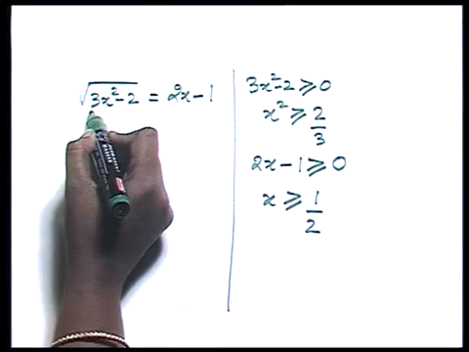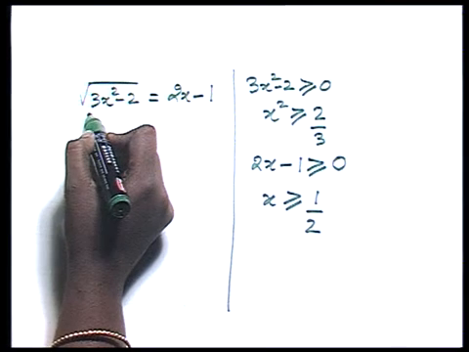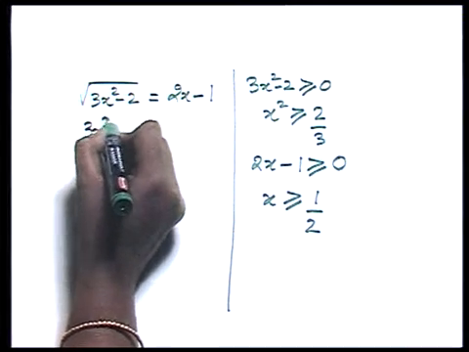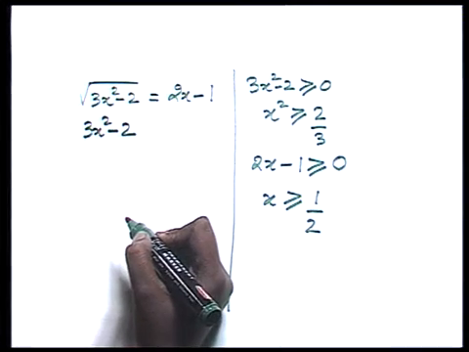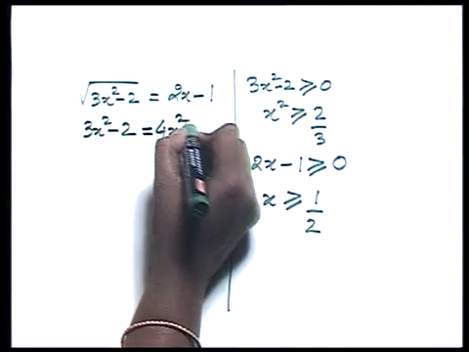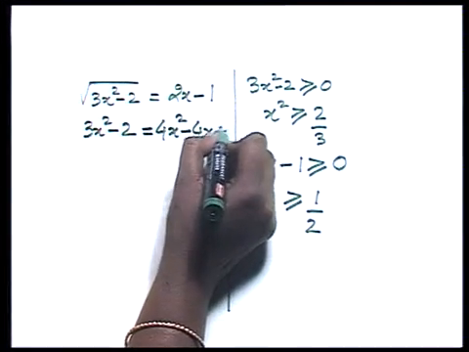Now how do we remove this radical sign? Let us square both sides of this equation. What do we get? On the left hand side we get 3x^2 - 2 on squaring, and the right hand side of the equation becomes 4x^2 - 4x + 1.